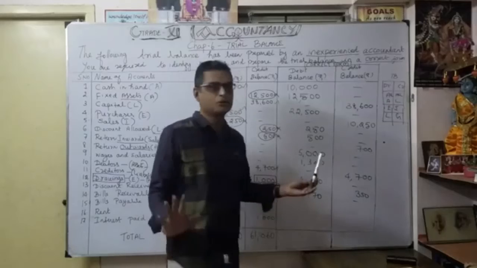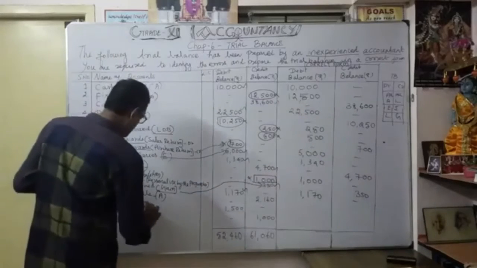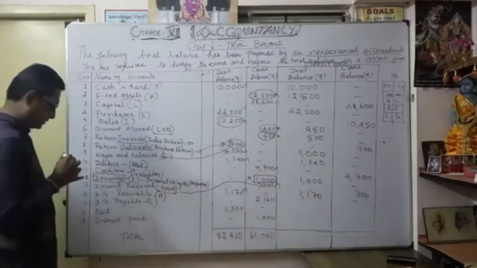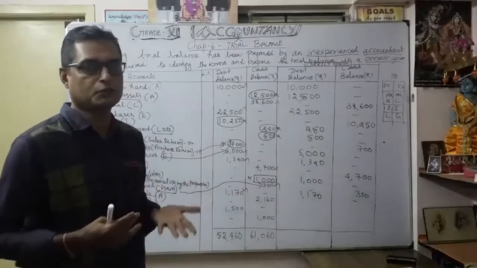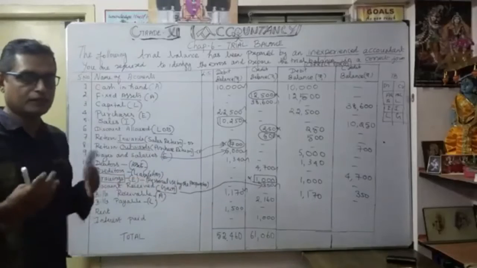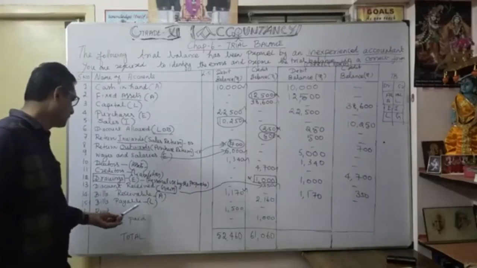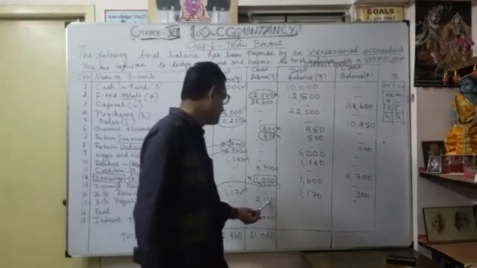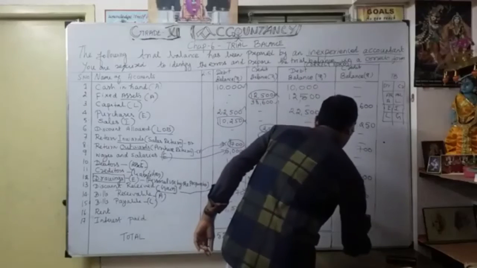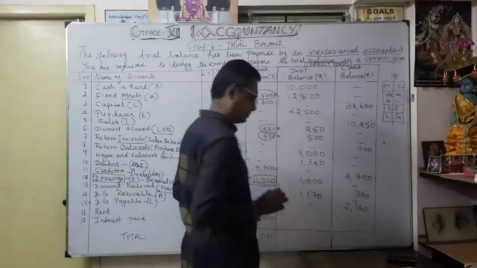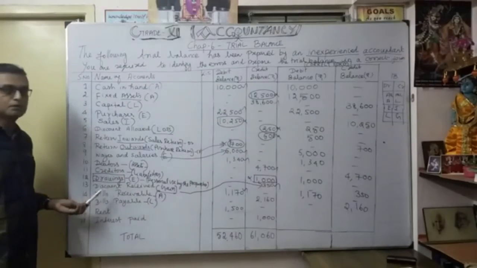Similarly, the opposite: what is bills payable? It is a liability. As a supplier allowed us to pay later on, we give a promissory note. That is called bills payable. We are liable to the creditors, so what we are issuing is bills payable as a liability, always a credit balance. So here it comes under credit balance, 2,160. Have you understood very clearly what bills receivable and bills payable are?